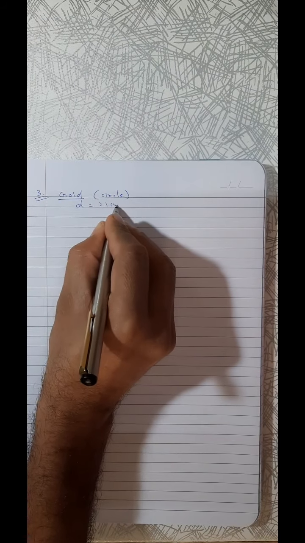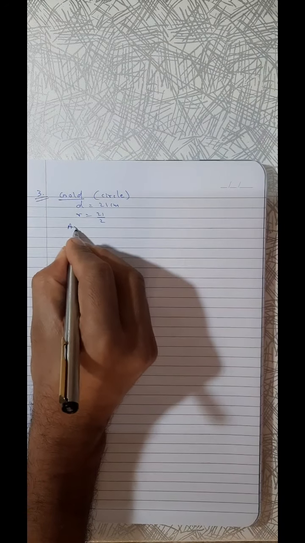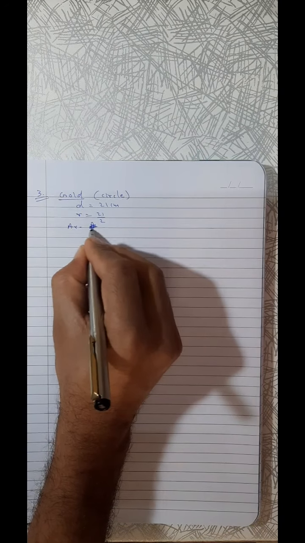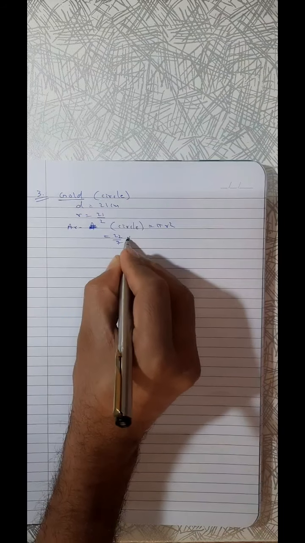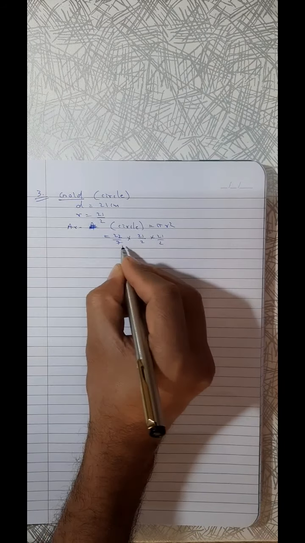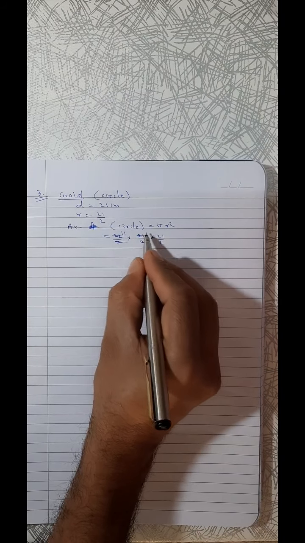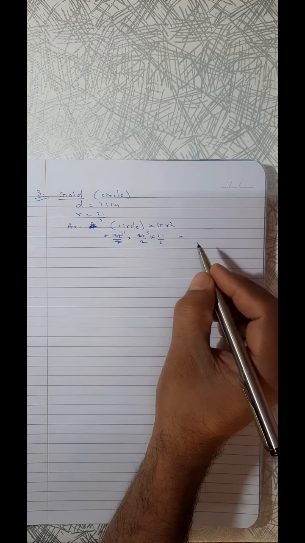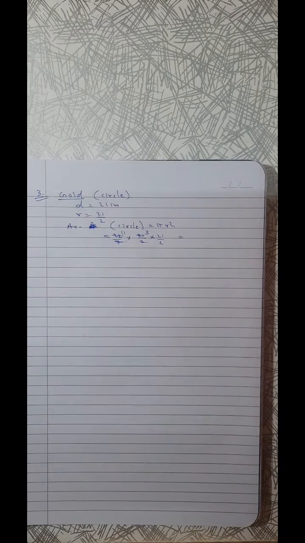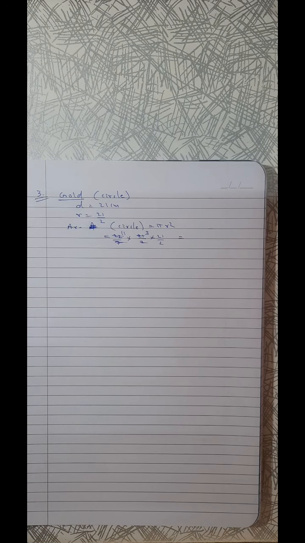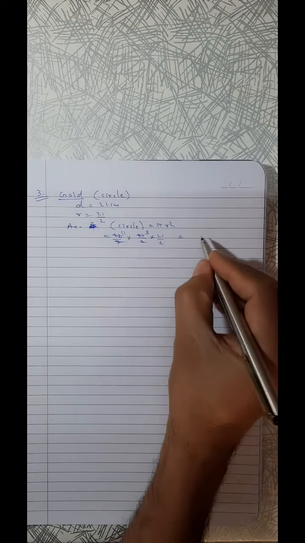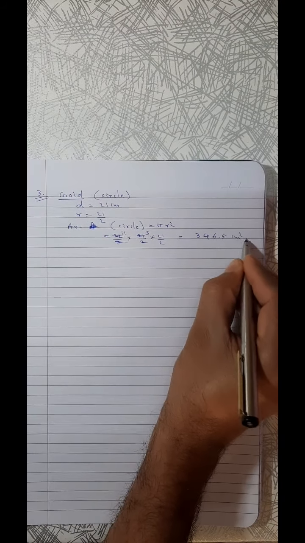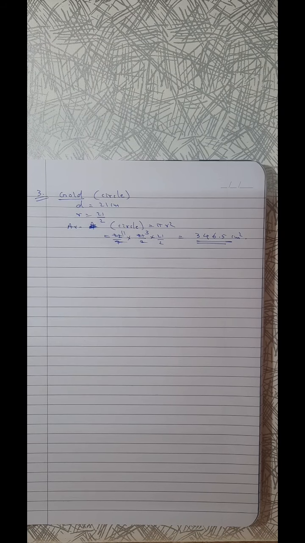Diameter is given as 21 centimeter, radius is 21 by 2, so area of a circle is pi r square. 22 by 7 into r square, 21 by 2 into 21 by 2. 7 threes are 21, so it is coming as 11 into 3 into 21. 11 into 3, 33. 33 into 21 divided by 2, that is equal to 346.5 centimeter square. Okay, this is the first part.